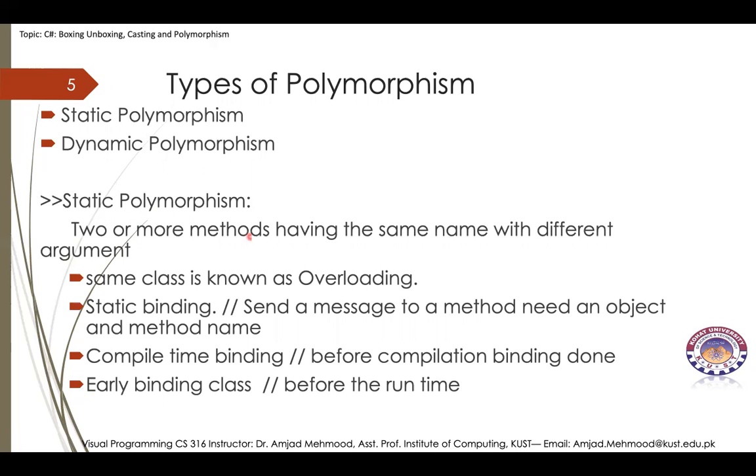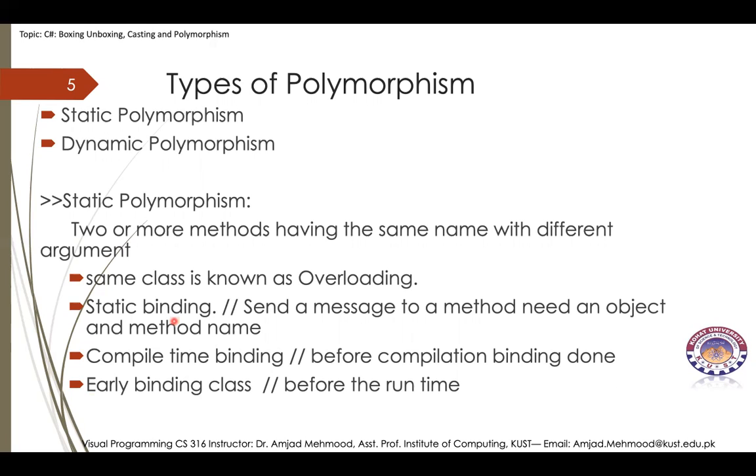Static polymorphism: two or more methods have the same name with different arguments, like we have in overloading. We also call it static binding. The term binding means when you combine an object with a method name. This is called binding. It defines which method of a class will be called. So for calling a particular method of a class, you need an object and a method name.